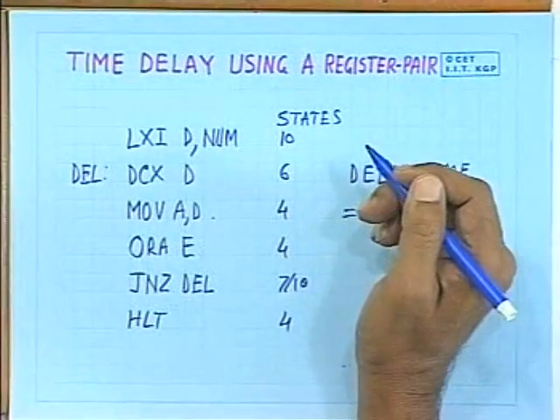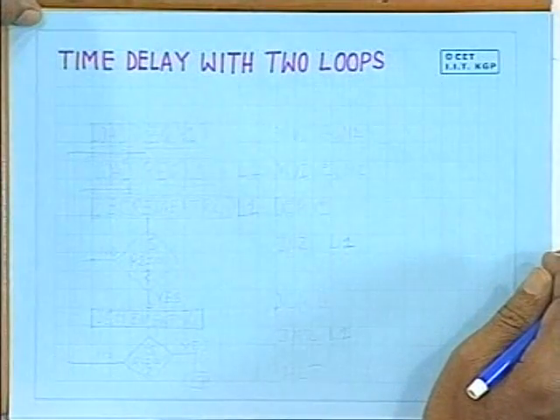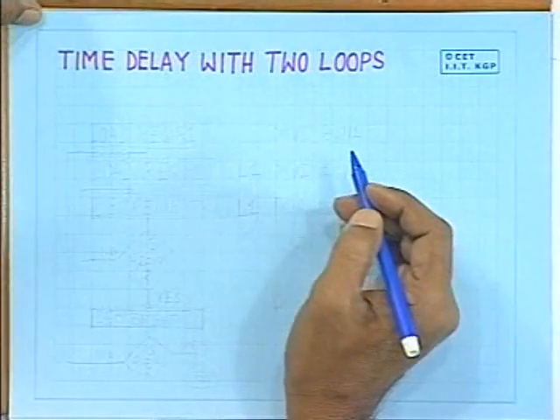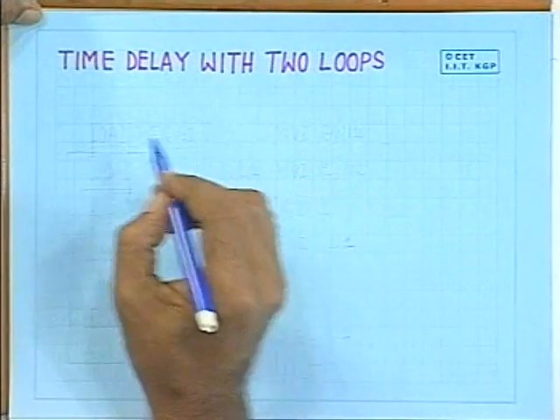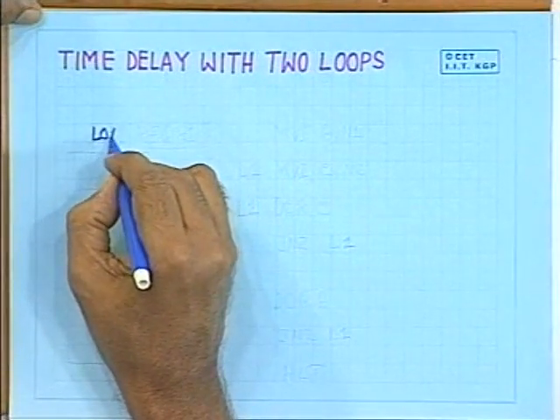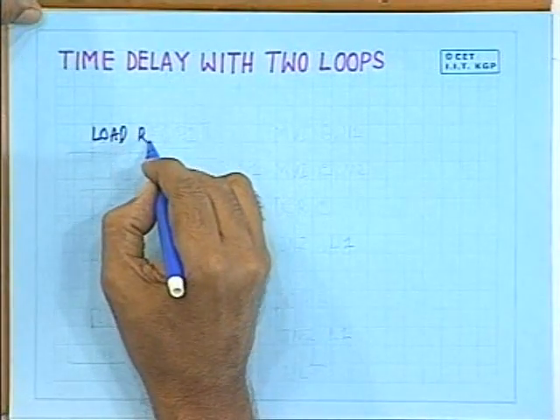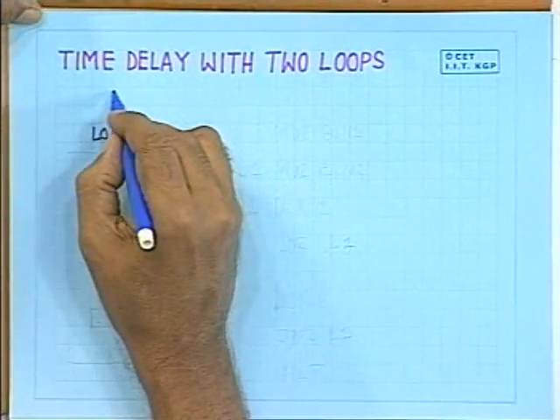You may be asking, here we are using only one loop, why not use two loops, a loop within a loop, or nested loop? Yes, we can also do that, and it is illustrated with the help of this example. So, time delay with two loops. Here, this is the flow chart.